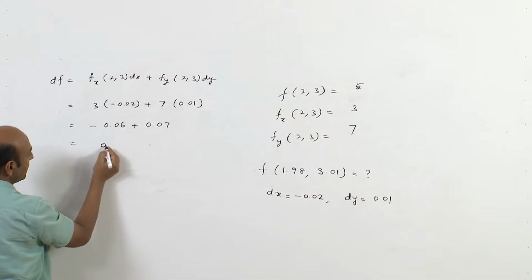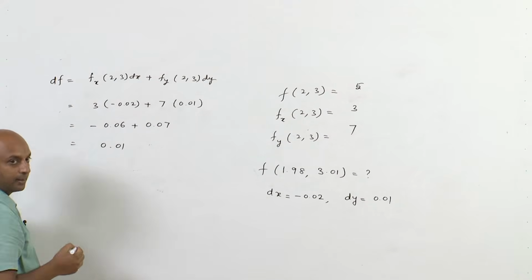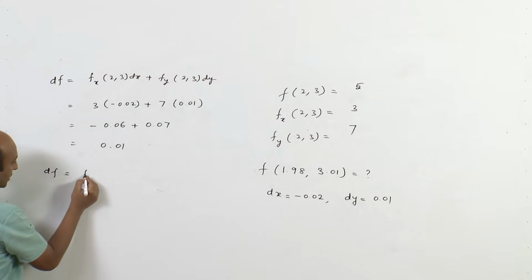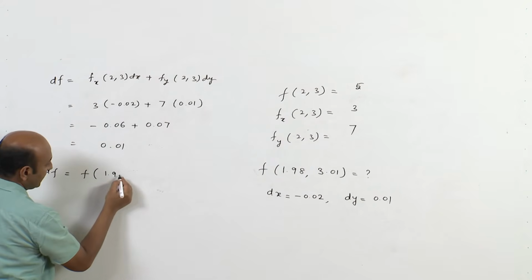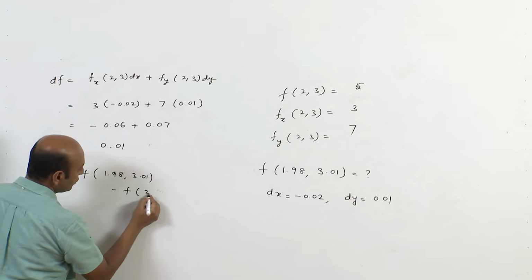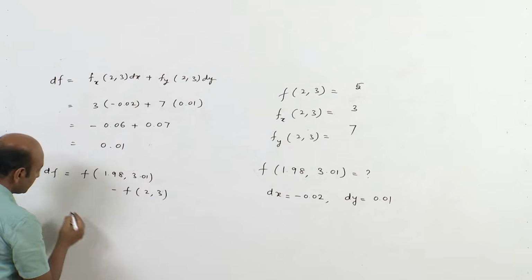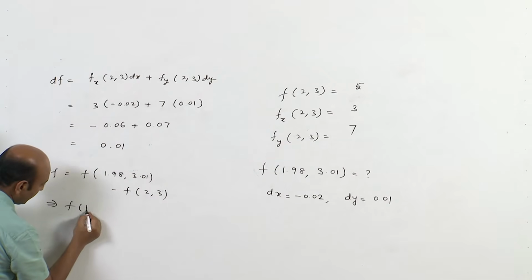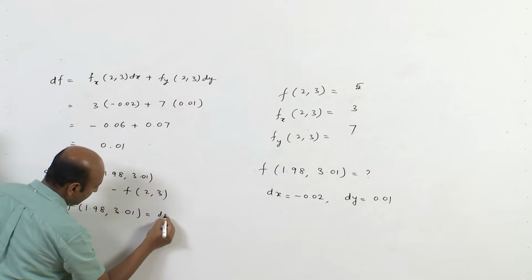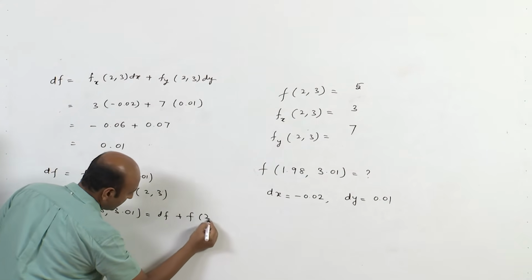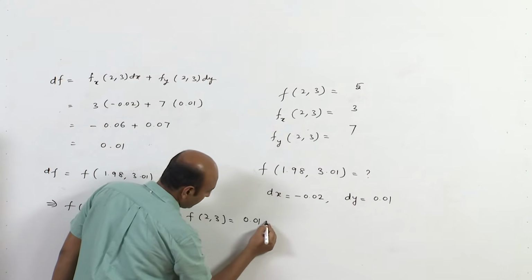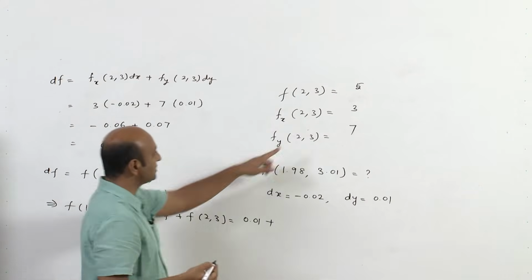And the change in the value of the function is given by f at (1.98, 3.01) minus f at (2, 3). So, this implies f at (1.98, 3.01) will be equal to df plus f at (2, 3), and df is 0.01 plus f at (2, 3) is 5.